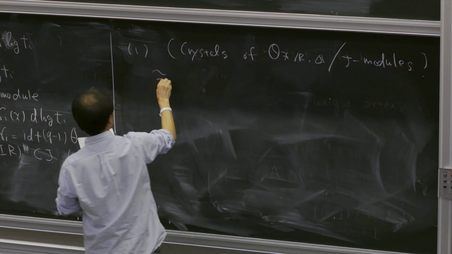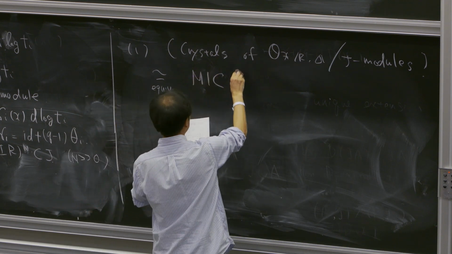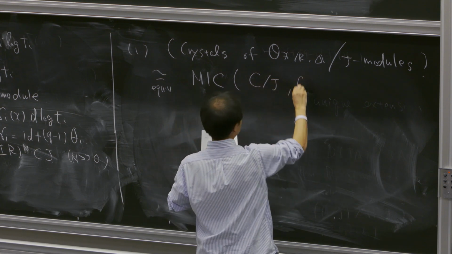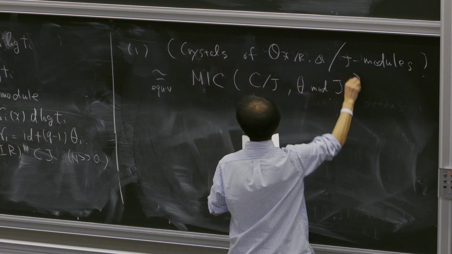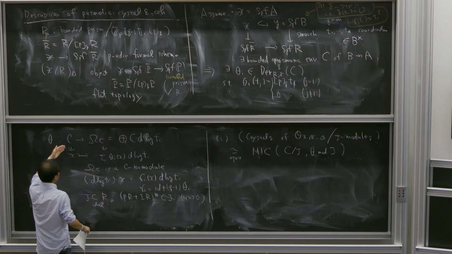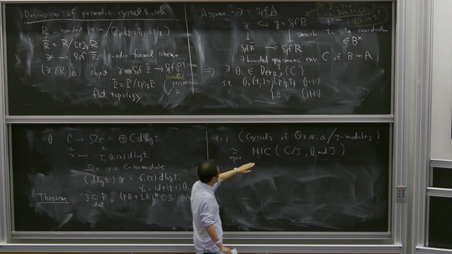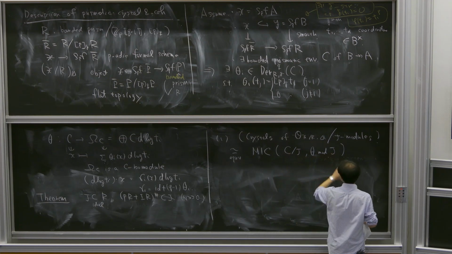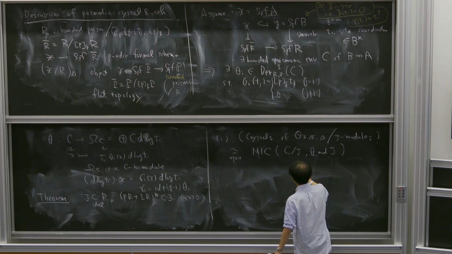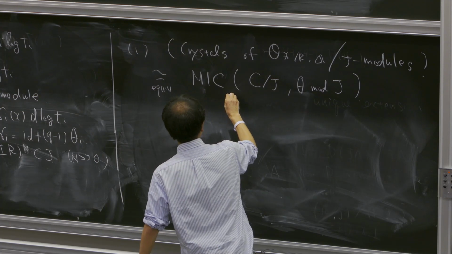So this is equivalent to... I can't explain what a module-based integral connection is for this setting. But actually, the general theory is developed by Yves Andreev, and I can apply it to this twisted setting. You can define module-based connection over this C mod J and theta mod J. And then we have this equivalence, but we need some, I don't know how to say, Q convergent?